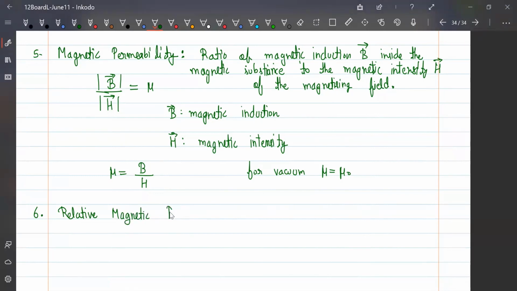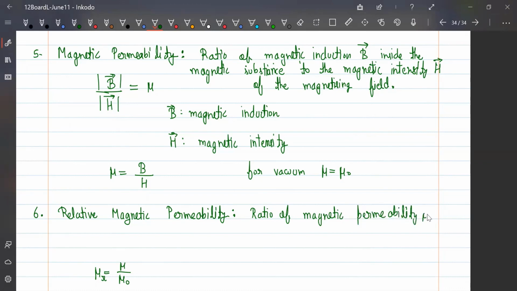This is the ratio of magnetic permeability of the substance, that is mu, to the magnetic permeability of free space.